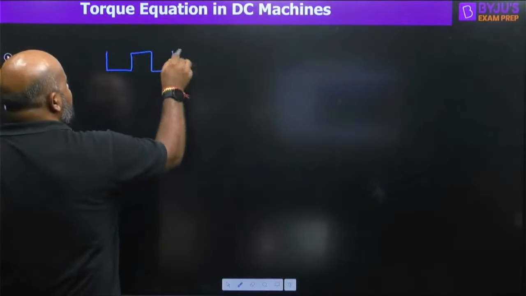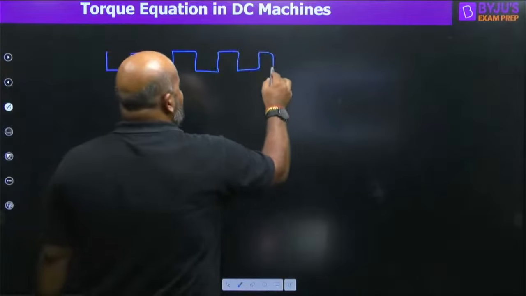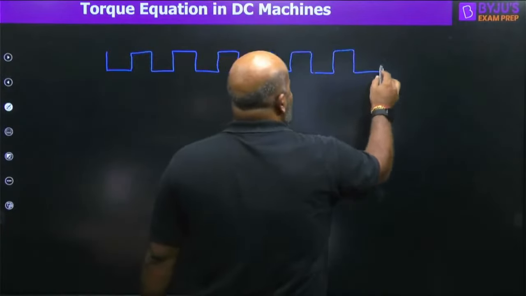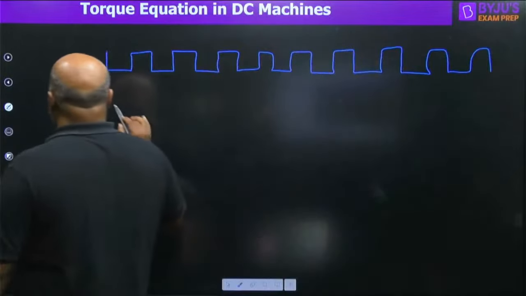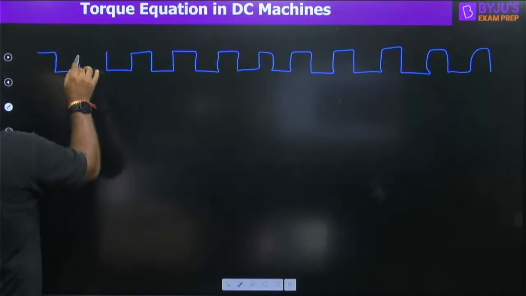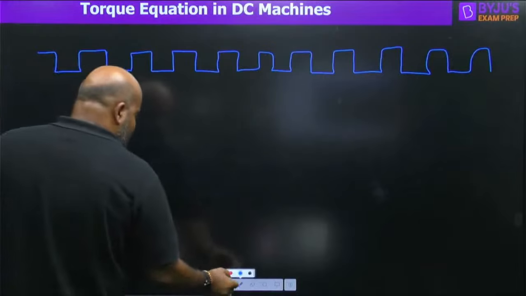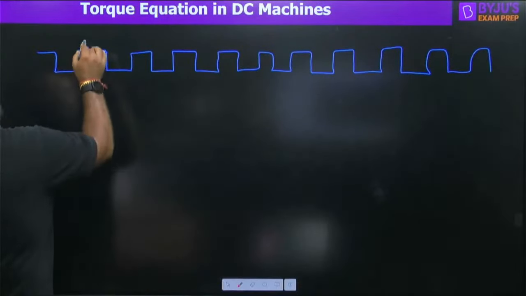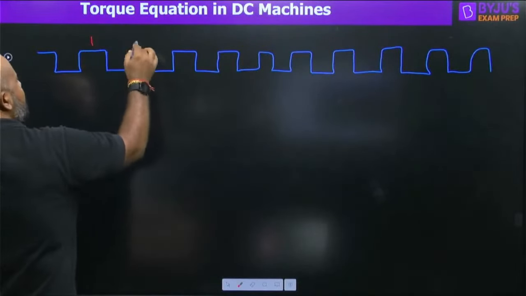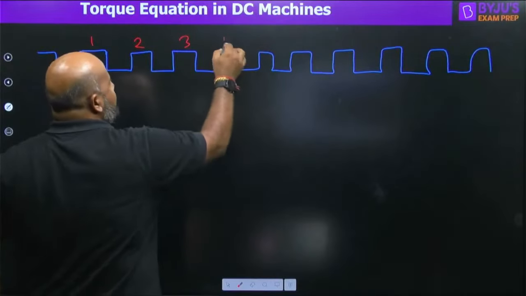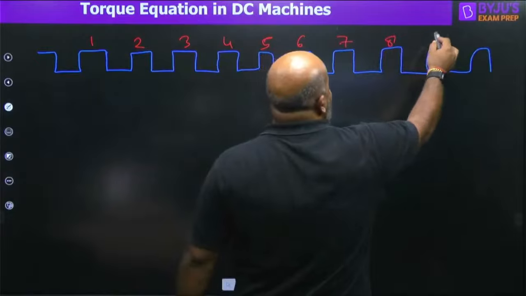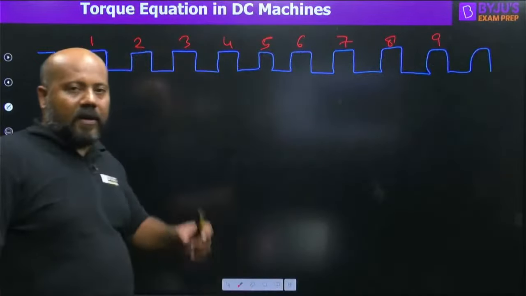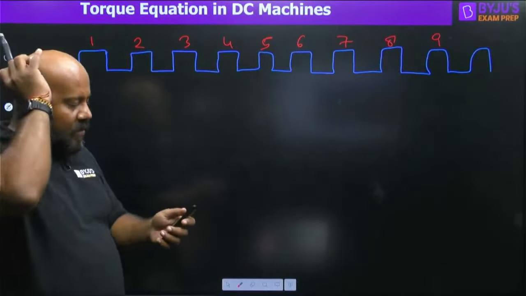So let me first make 9 slots. Suppose this is the first slot, second slot, third slot, fourth, fifth, sixth, seventh, 8th, 9th.